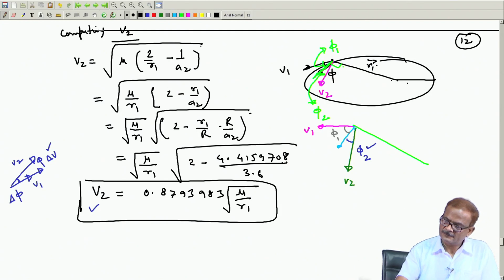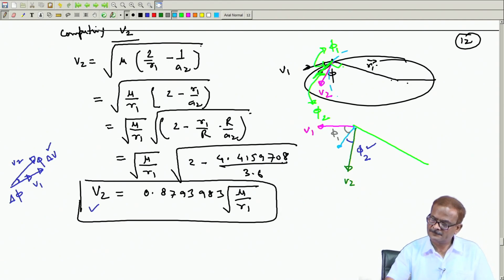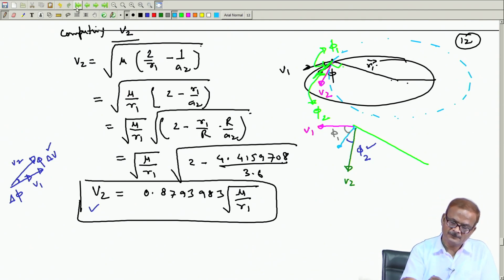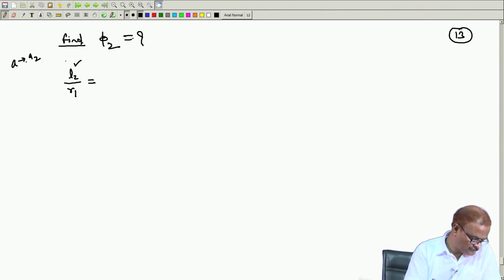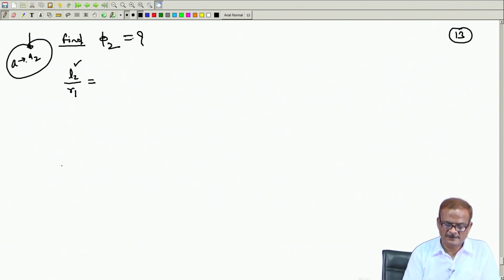Okay. And once we are looking for the new orbit, your new orbit may look like this. For this new orbit you have an A 2 value which is different. So, for this new orbit we write L 2, because once A is changing to A 2, we have used here A 2 for the new semi major axis. So, corresponding to this is L 2.